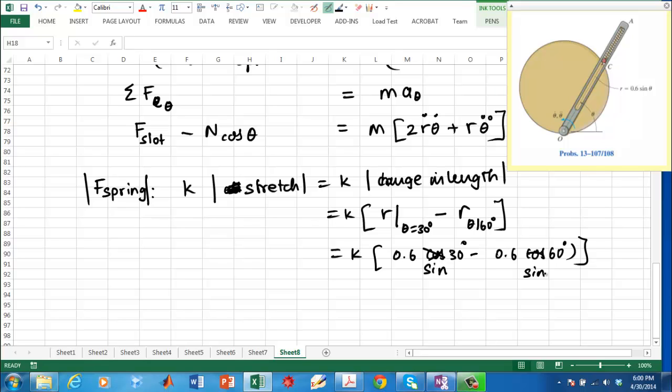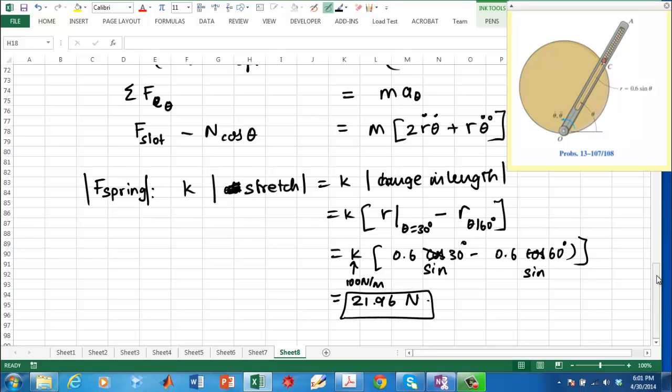This thing is 0.219 times 100, because K is 100 newtons per meter, so it is 21.96 newtons.